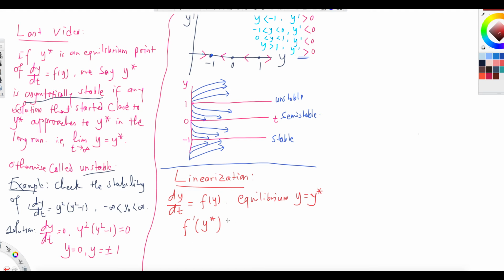If it is positive, then y star is unstable. If f prime of y star is negative, then the equilibrium point y star is stable. And if f prime of y star equals 0, then it is inconclusive.